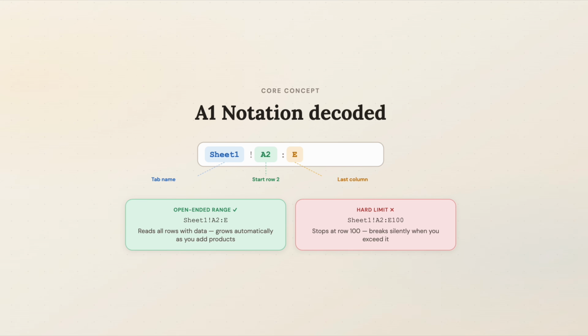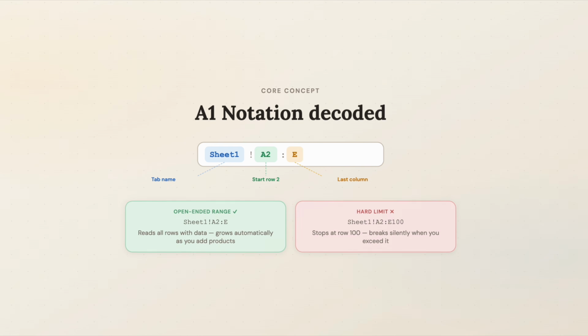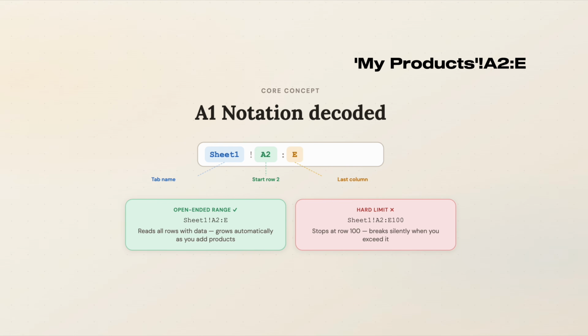If your tab name has spaces, wrap it in single quotes, something like this. Open-ended ranges like A2:E are your friends. They read all rows that have data without you needing to know the row count.